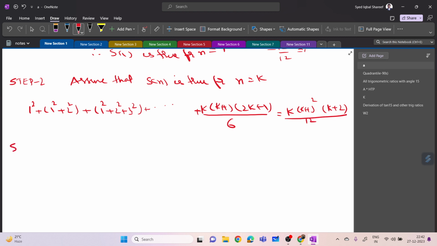Step 2 is just an assumption. Step 3 is where we do a lot. We have to prove that S of n is true for n equal to k plus 1. So wherever k is there, k plus 1 we have to write.